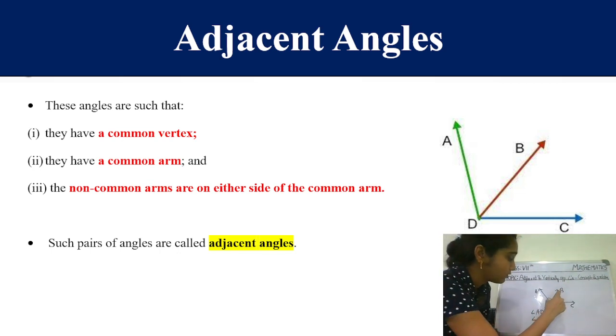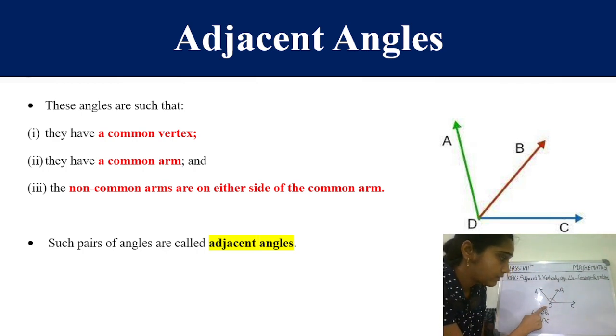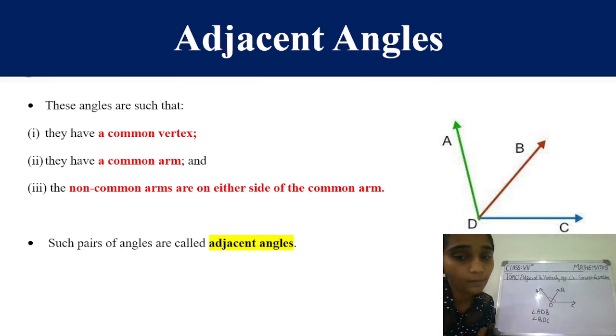We can say that BD is the common arm, D is the common vertex, and the non-common arms, which are CD and AD, are on either side of the common arm. They could be on this side or on the other side of this common arm. So such angles we call adjacent angles.